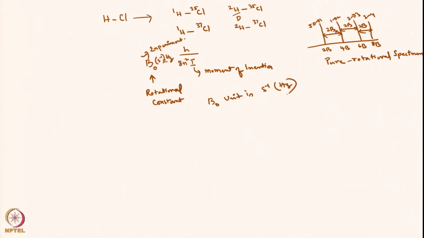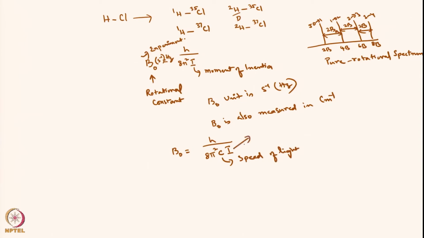But generally B naught is also measured in centimeter inverse, and you can do a quick conversion. If I measure B naught in centimeter inverse, then B naught will be equal to h by 8 pi square c I, where c is the speed of light and I is the moment of inertia.